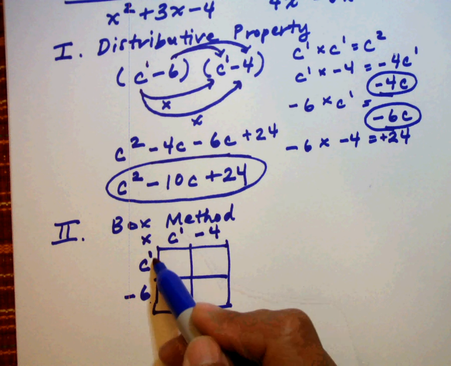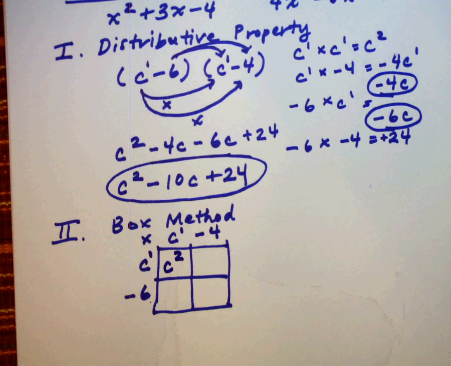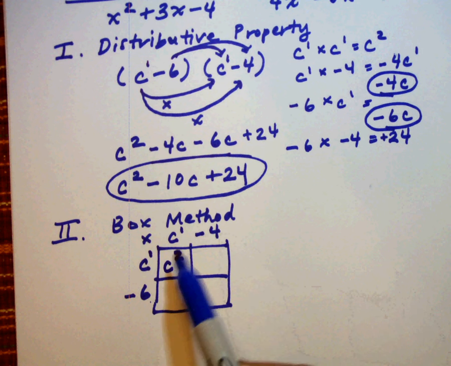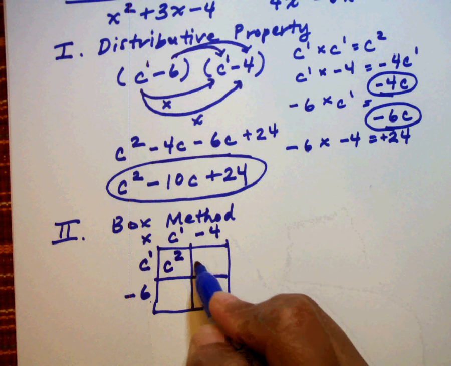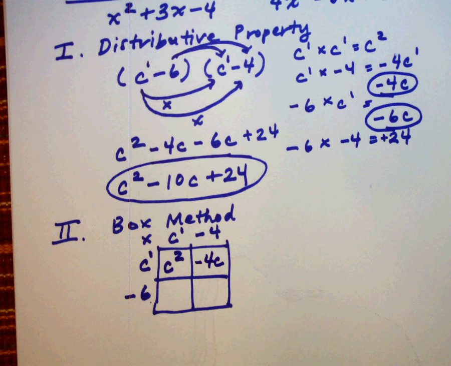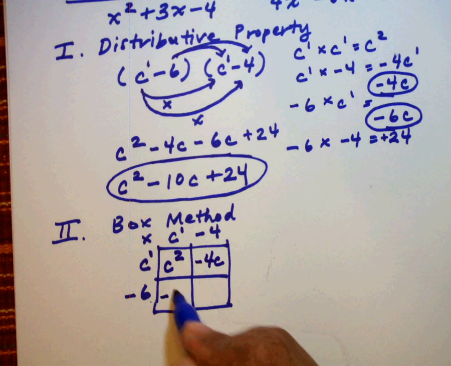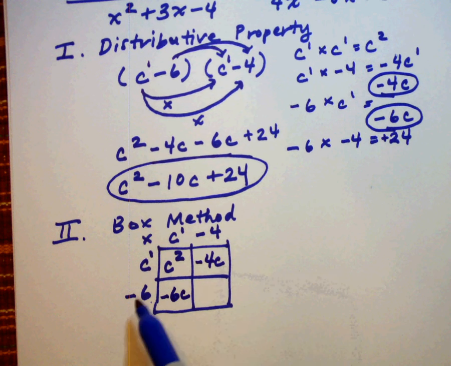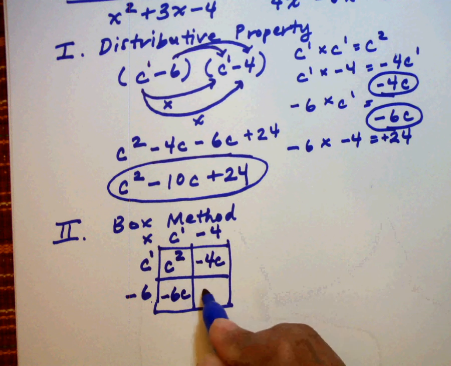C to the first times c to the first is c to the second power. C to the first times negative 4 is negative 4c. Negative 6 times c is negative 6c. Negative 6 times negative 4. These are double negatives, so you're multiplying them. It becomes a positive 24.